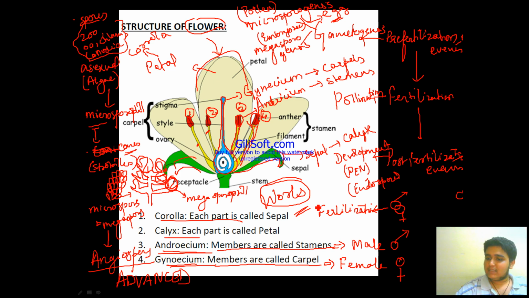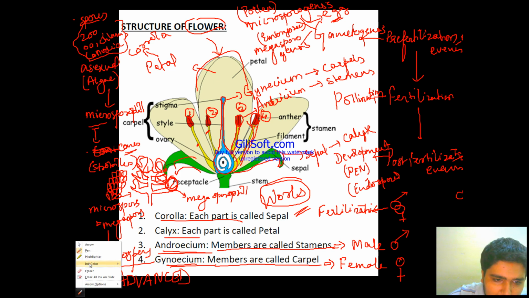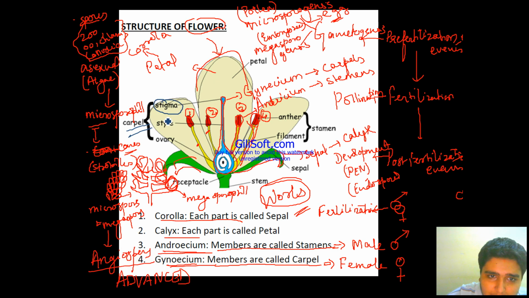Is everything clear in this slide? I'll be going slide by slide and explaining every concept very slowly. Now, one tiny thing which I missed out: I am pretty sure you know that a carpel is made up of stigma, style, and ovary.